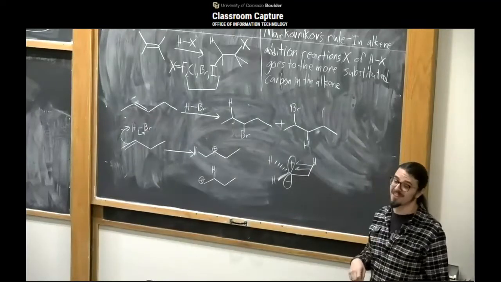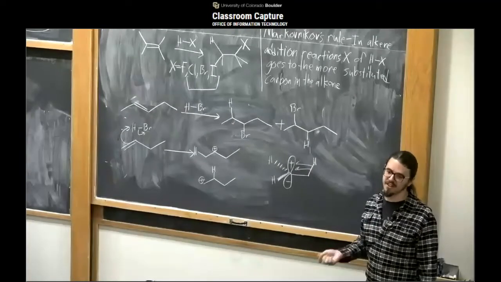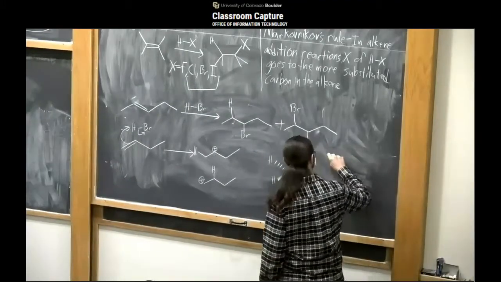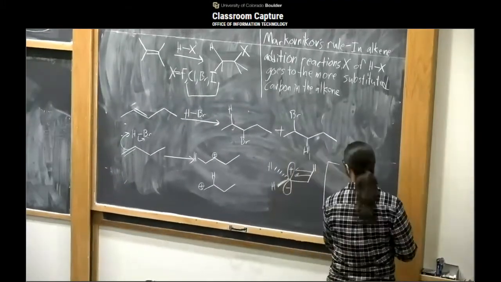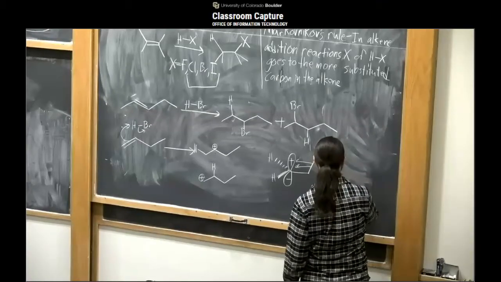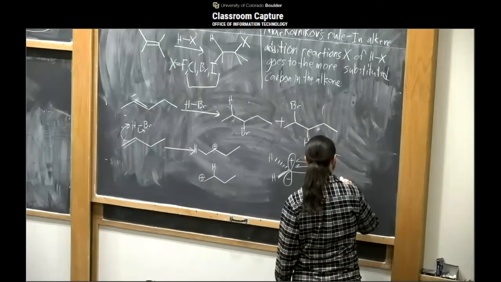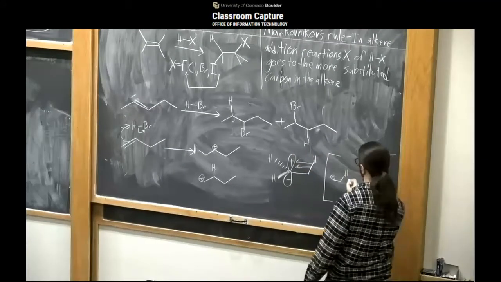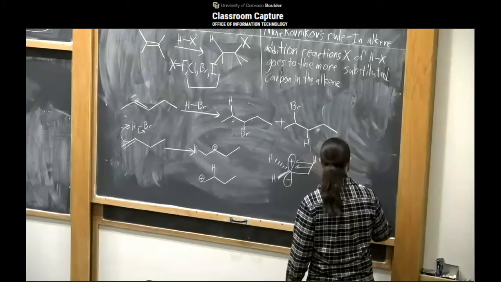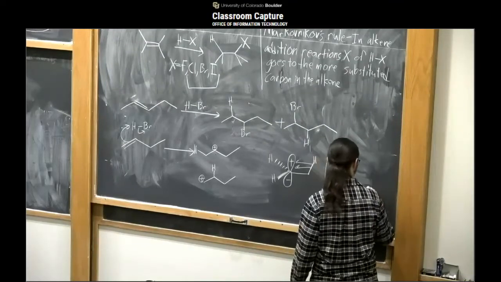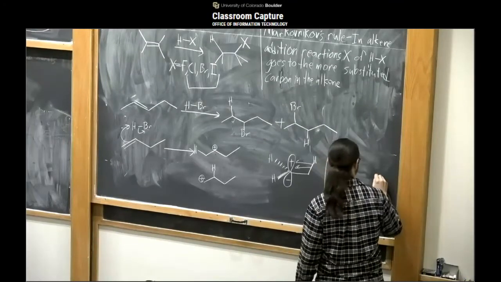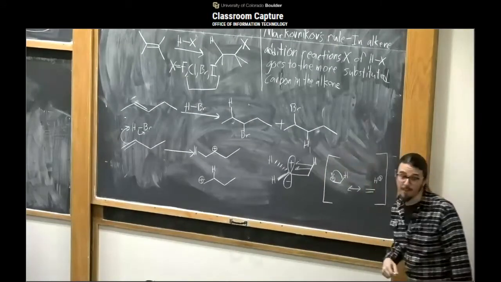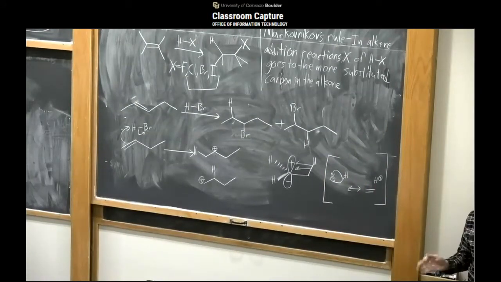One way that you can think about this is with a bond-no bond resonance structure, where we have the carbocation there. We can imagine a resonance structure like this, where that positive charge on the carbocation is somewhat delocalized.